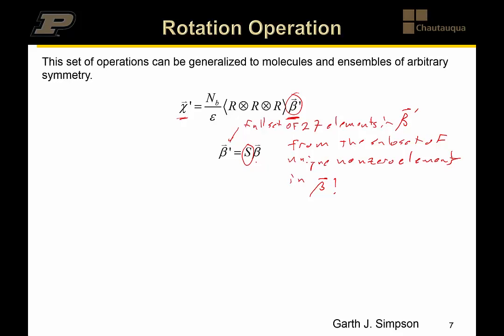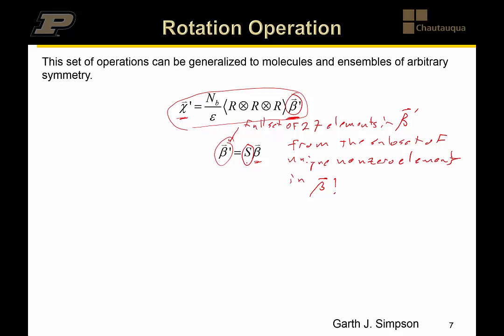So we know, for example, in this case, there's only 2 non-zero unique elements in beta within the limits of the assumptions, but we have 27 elements that we can plug into this equation if we want to populate and evaluate the full set of 27 elements in the crystal frame. So how do we generate the full set of 27 elements from the set of 2?